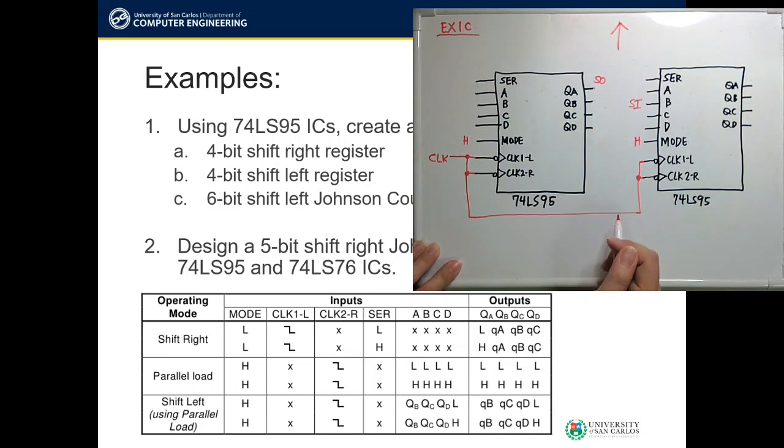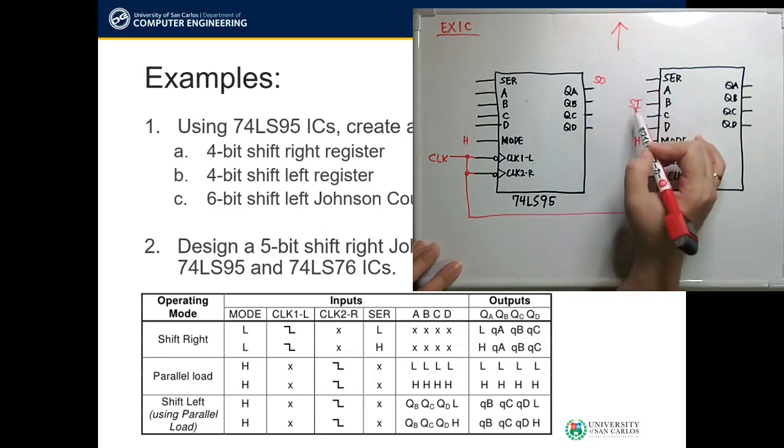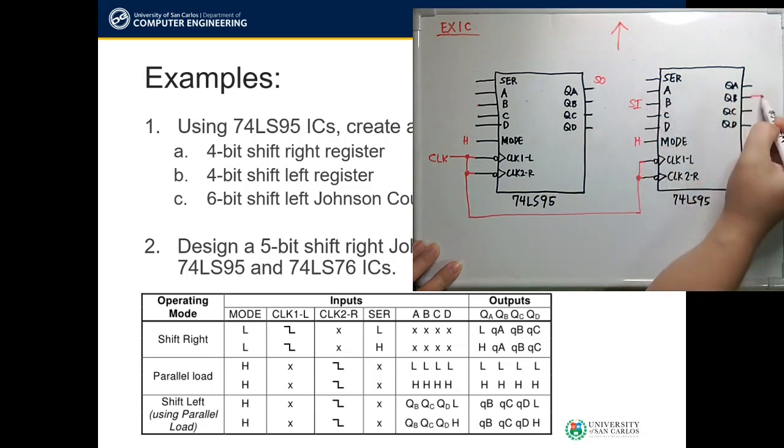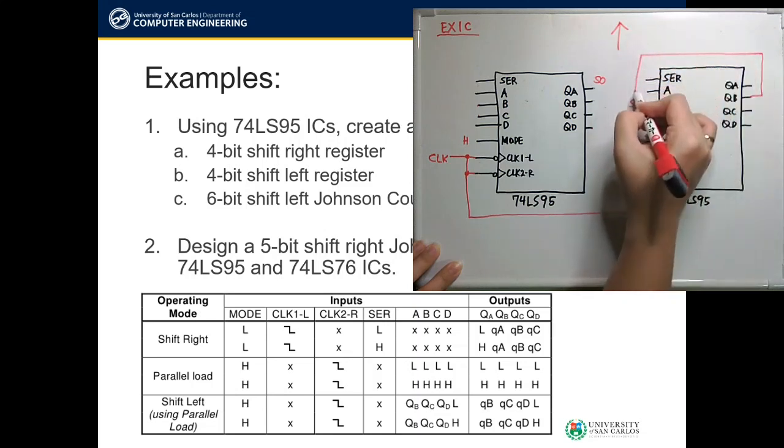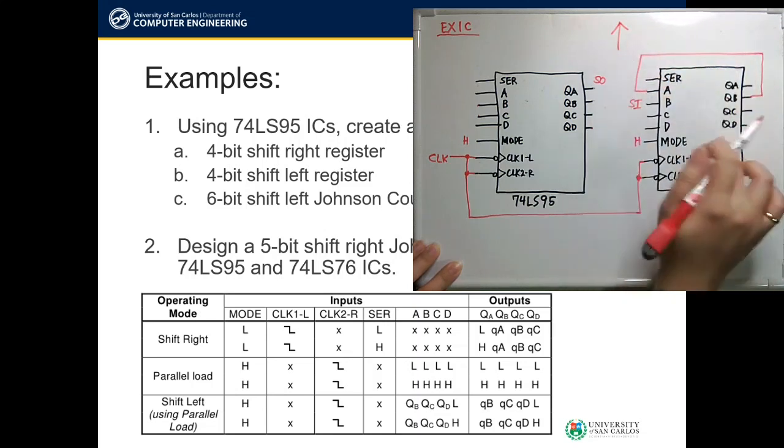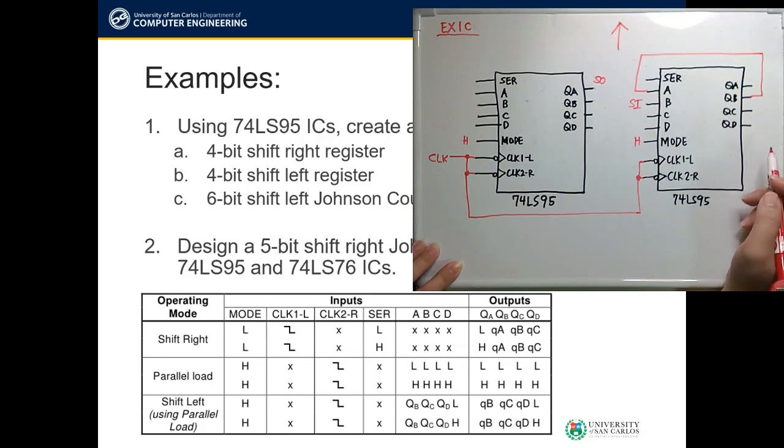Okay, so now let's start shifting. This is the serial input or the shift input. Its output QB must be sourcing our A input on our second 74LS95.